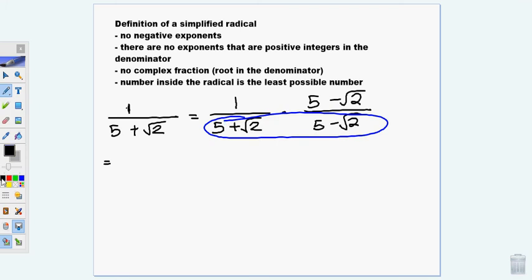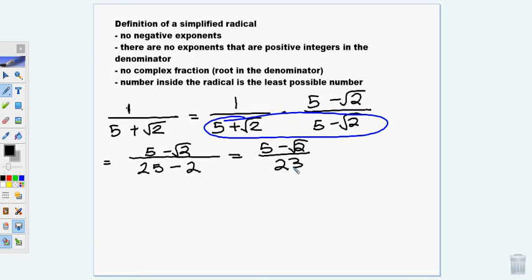The top is going to remain the same, and the bottom then gives me the a squared minus b squared term. So a squared is 25, b squared is 2. So that gives me a denominator of 23. That's nice and convenient.